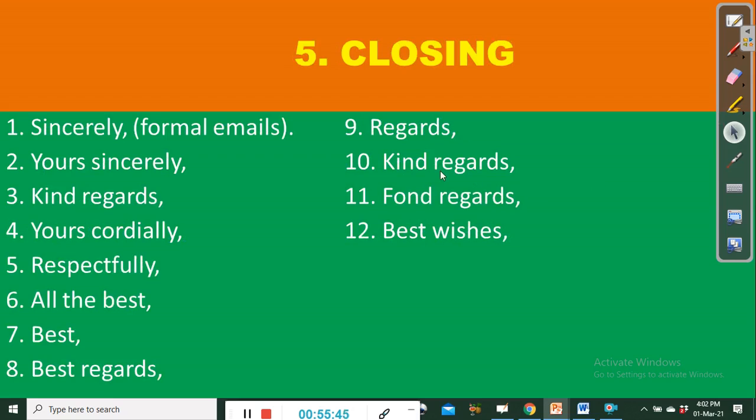All right, so now let's look at the closing part of the email. You can close an email with any of these, but again, this depends on the type of email. For a very formal email, you can use sincerely, or you can use yours sincerely, kind regards, yours cordially, respectfully, all the best.